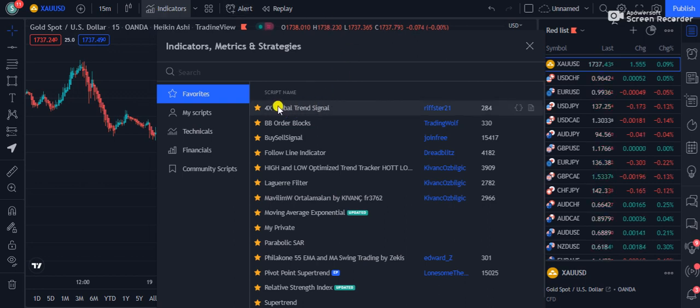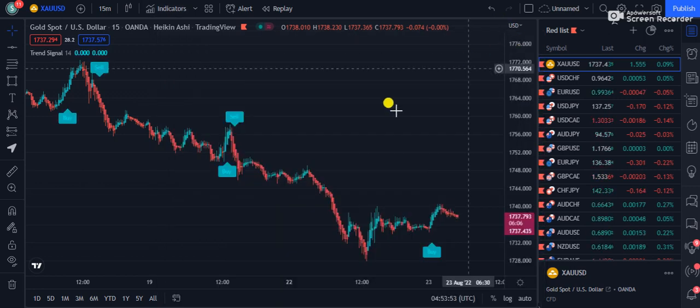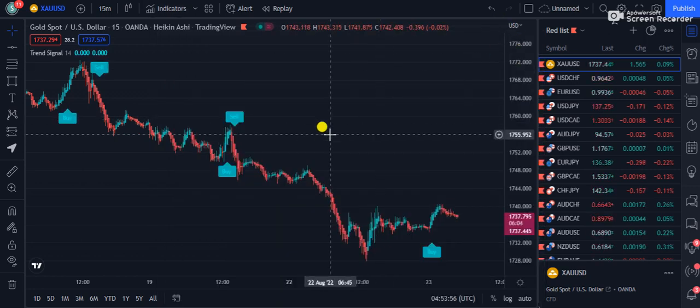The first indicator that I am using is Forex Global Trend Signal, and you can see this is a new indicator and it has only 284 favorites right now. And please note that the author name is Rifster21, right? So if I attach it on my chart, then it looks like this.